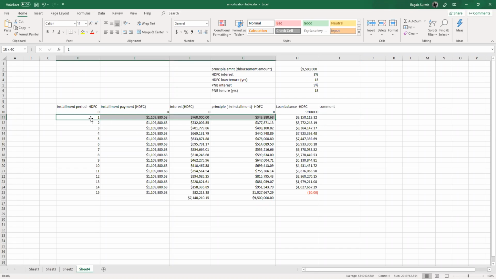Yes, we have to consider them. Yeah, you're right. That's what I'm telling. But that 50% part we have to do some computation.